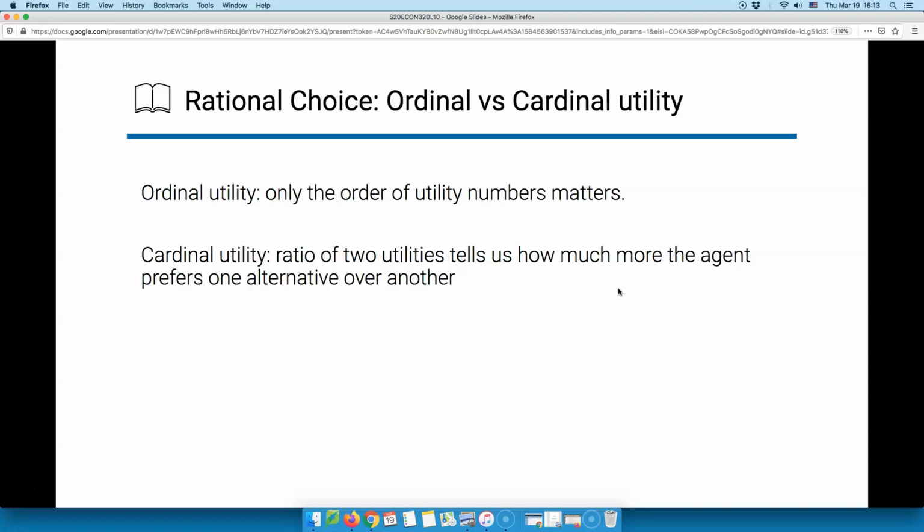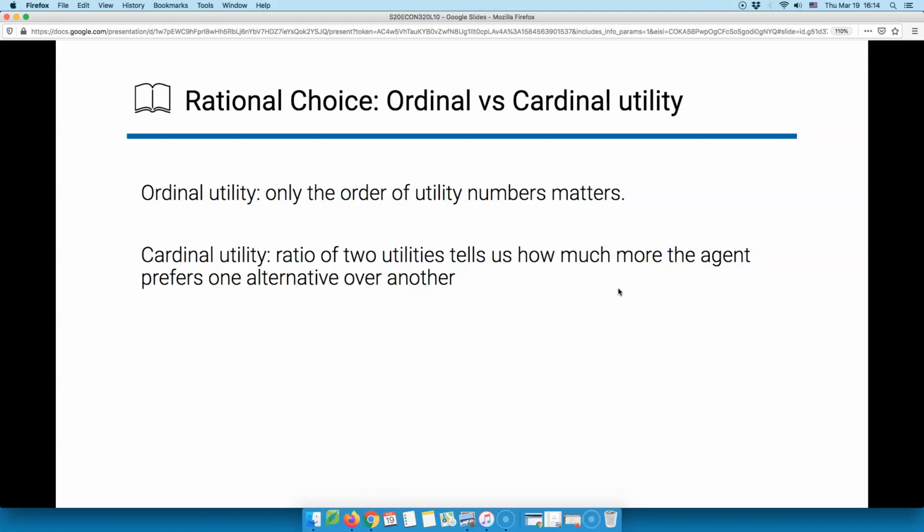That will bring us into the ordinal utility world, where only the order of numbers matters when we talk about preferences. However, we might want to say something about how much you prefer one alternative to the other. And if we assign numbers to the alternatives in such a way that the ratio of the numbers tells us the relative preference of the decision maker, then we're in the cardinal utility world.